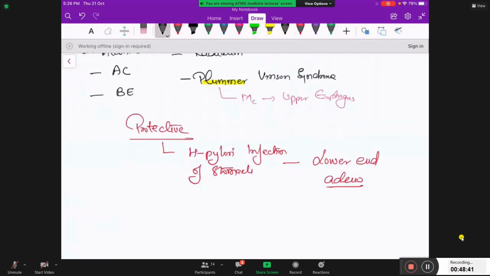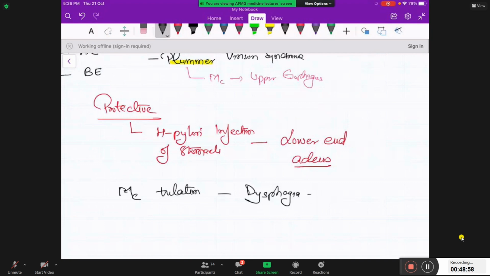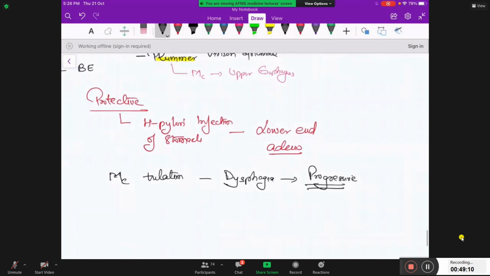Now, coming on to the presentation. Most common presentation, what will that be? Dysphagia. And a very important point to know, this dysphagia is a progressive dysphagia. Patient can have odynophagia also.